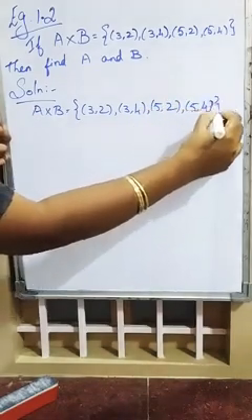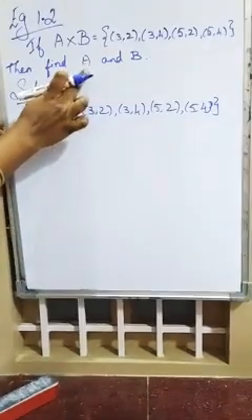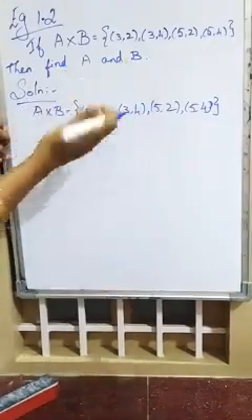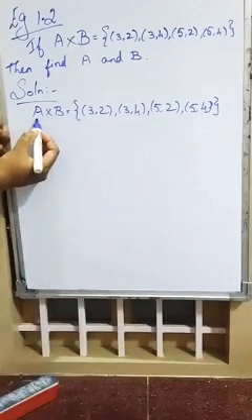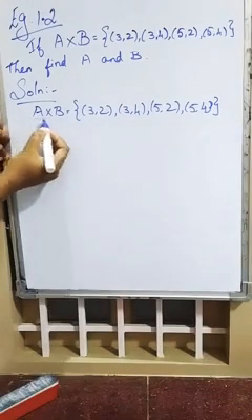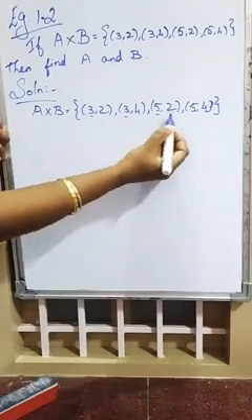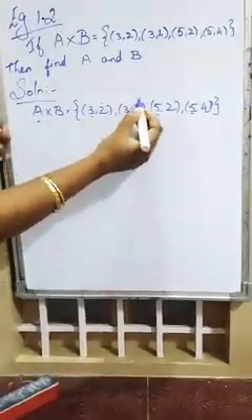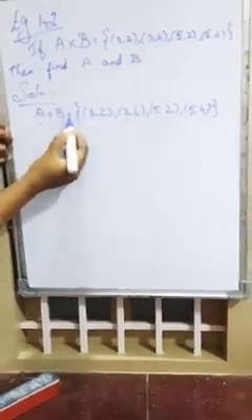You have to find the elements of A and B. See here, given as A cross B. Therefore, all the first elements belong to capital A. All the second elements belong to capital B.